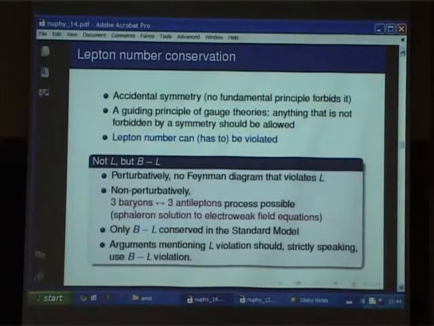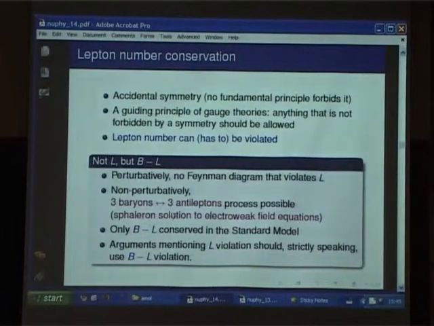So if 3 baryons go to 3 anti-electrons, then B, let me check that I get it correct. But this means that you can violate B plus L, but you cannot violate B minus L.